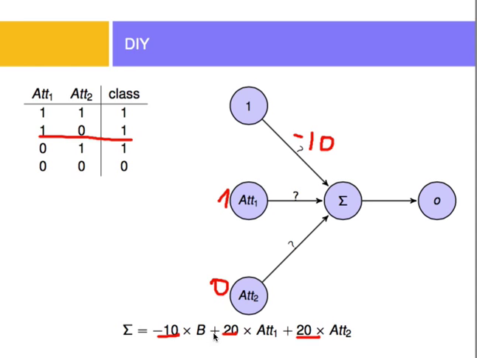So I have negative 10 plus 20. And this is 0 because attribute 2 is 0. So negative 10 plus 20, that is positive 10. So my sum here is positive 10. And therefore my output is going to be 1 because positive 10 is greater than 0. Again, attributes 1, 0, and output 1. In my table, 1, 0, the output was 1. I'm doing this correctly. Okay?